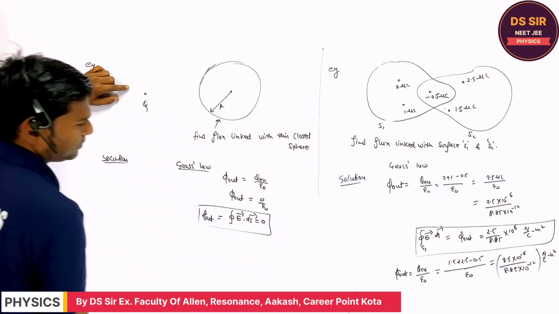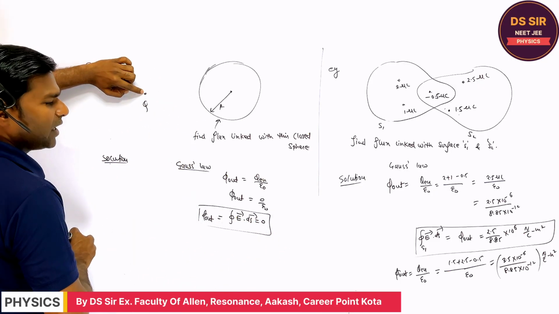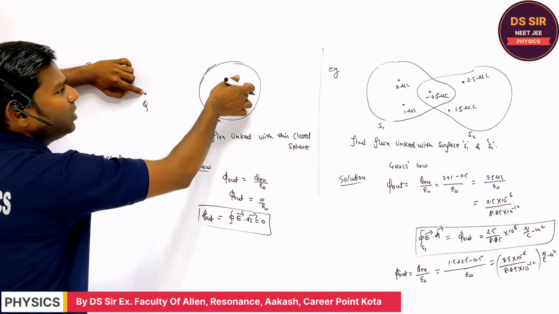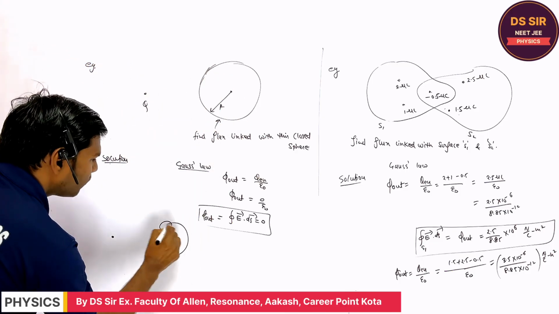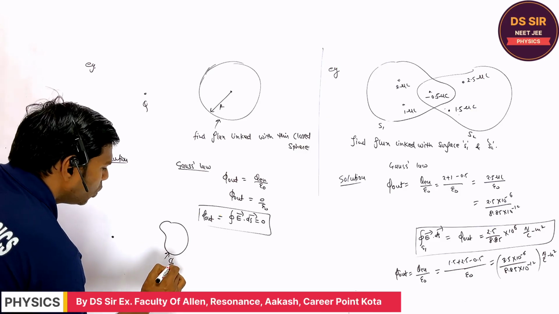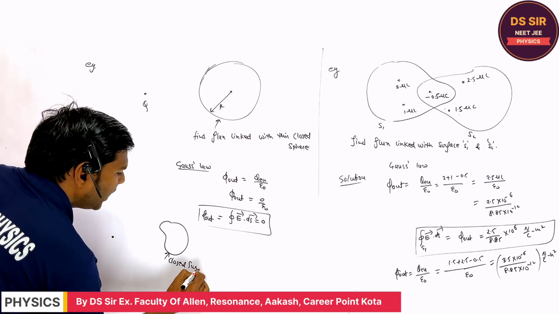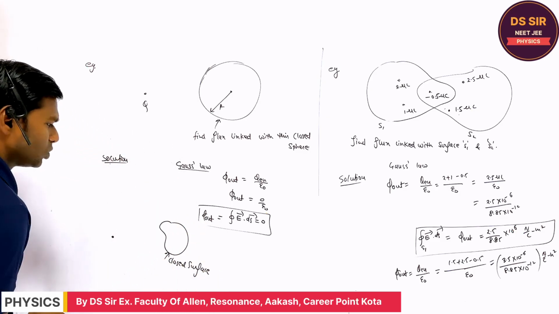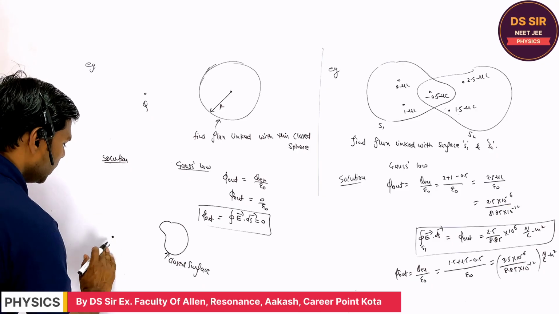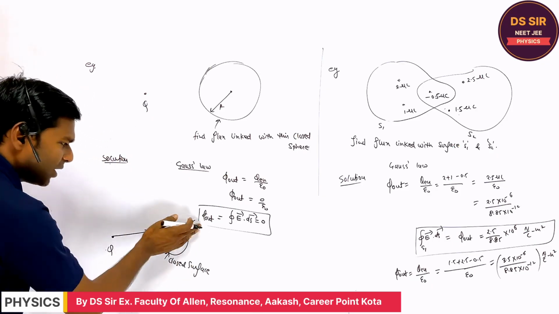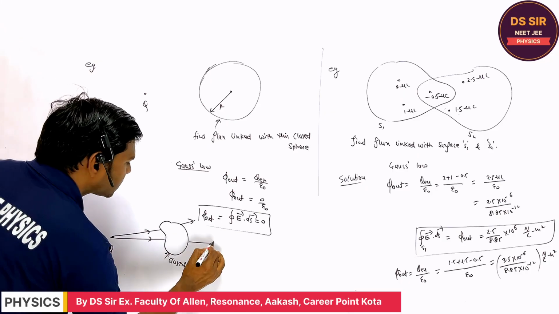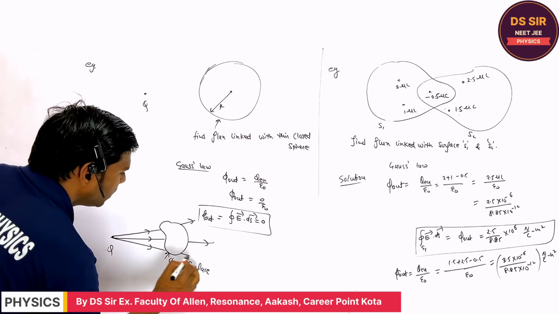What does it mean? We have seen this earlier also, not only for the solid sphere but for any shape of closed surface. If this is the charge q, whatever flux enters because of charge q, the same flux will come out. Is it clear or not?